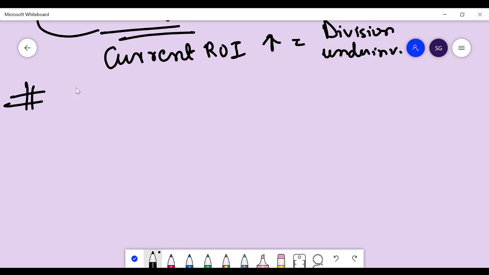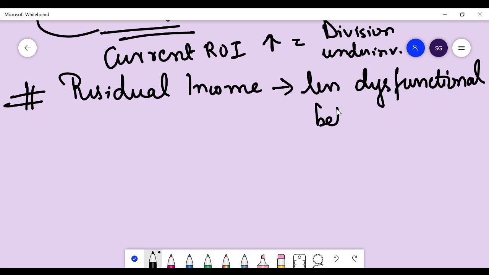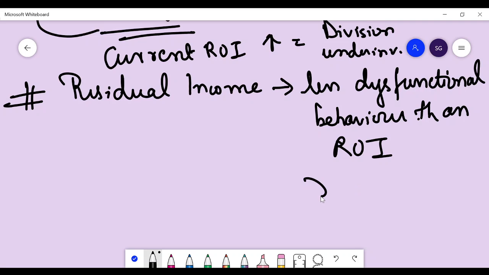Next is residual income. It has less dysfunctional behavior than ROI because all projects are allowed if return is greater than cost of capital.